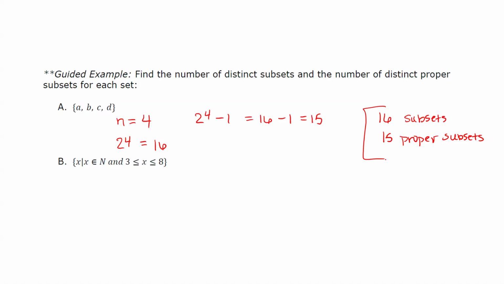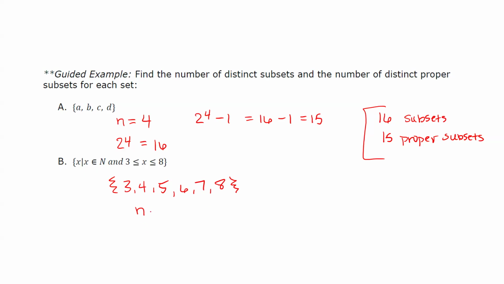Okay. All right, let's do the next one. B: all x values such that x is an element of the natural numbers and x is greater than or equal to 3 and less than or equal to 8. Let's list them out using the roster method: 3, 4, 5, 6, 7, and 8.